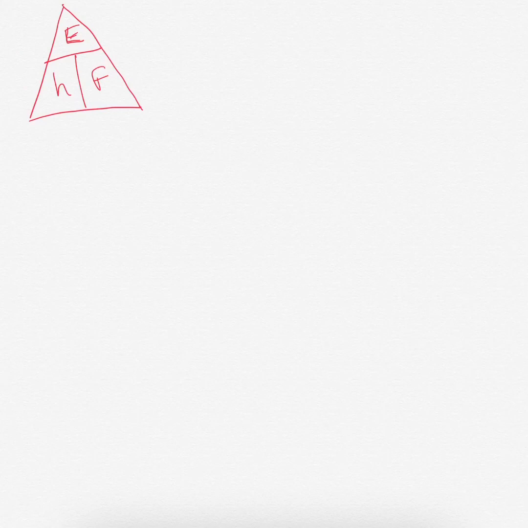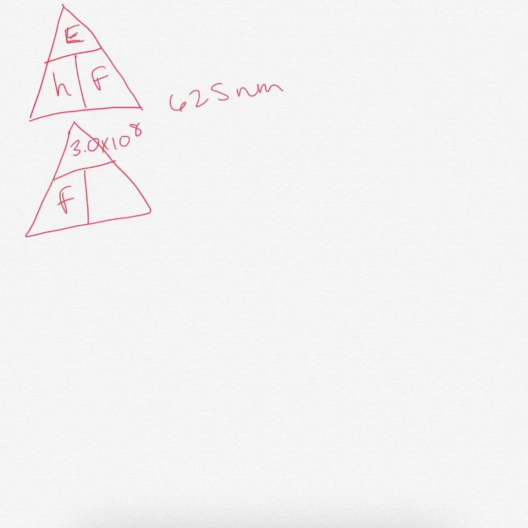But we don't know frequency, so we need to do 2 steps to this problem. The first step would be finding the frequency. So I have speed of light, which is what we were just doing a second ago. I'm looking for frequency, but they give me the wavelength. They say it's 625 nanometers. I need that to be in meters, so I'm going to say 6.25 times 10 to the negative 7.